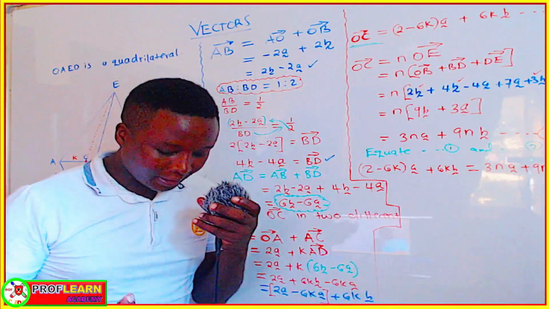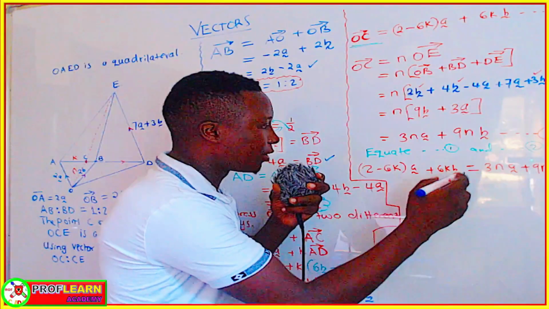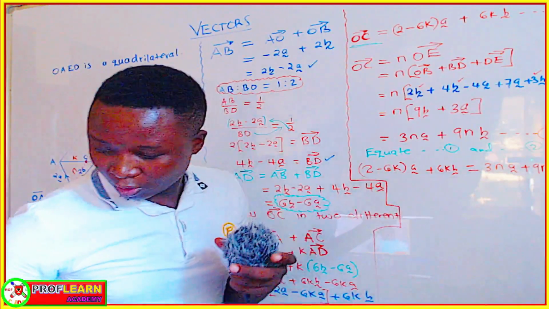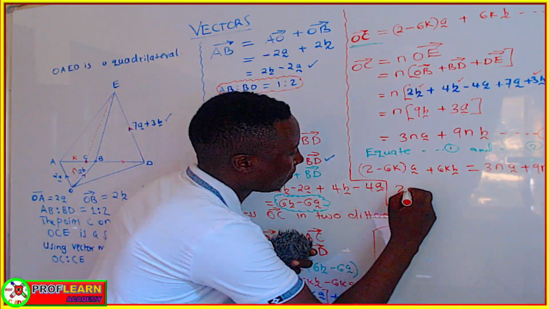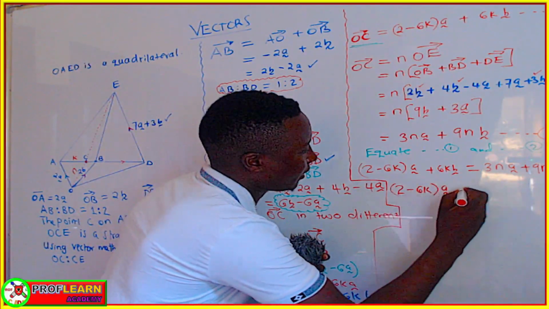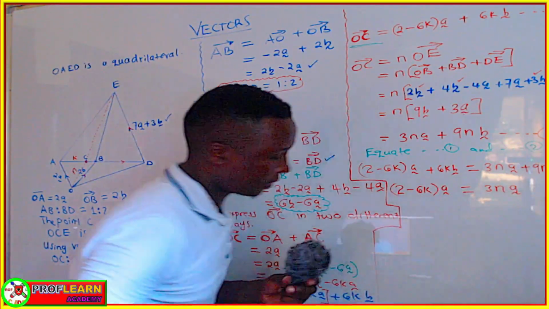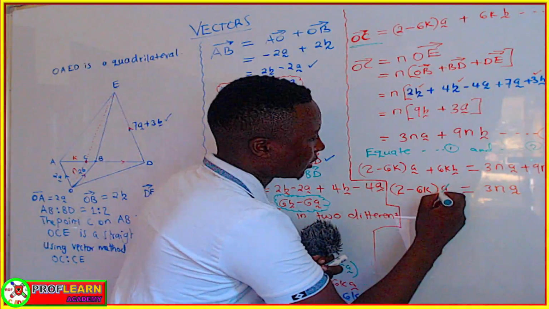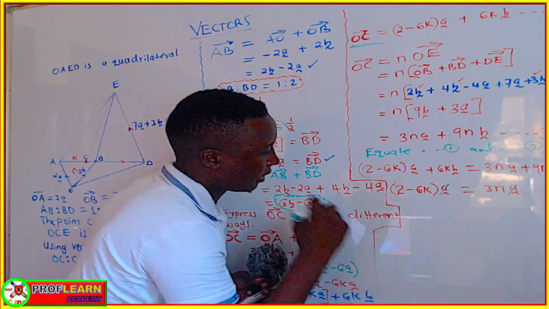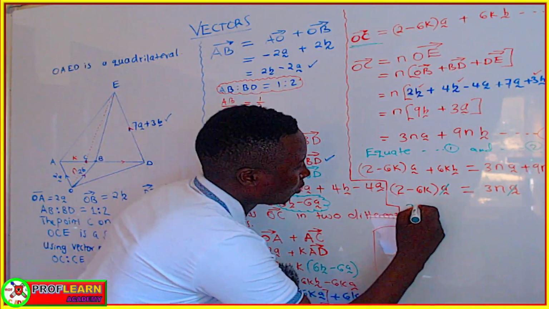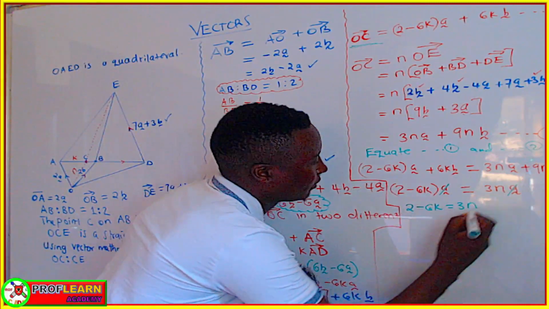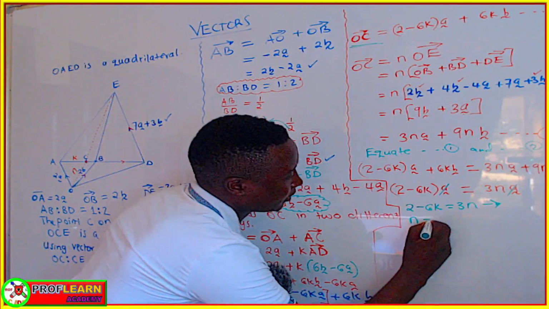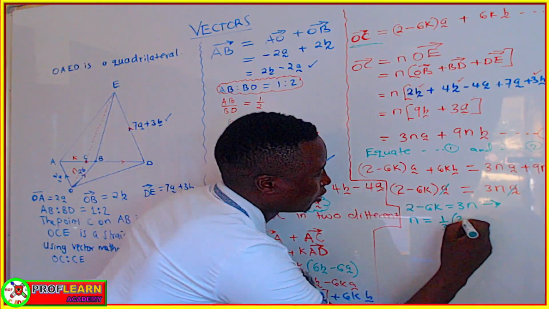So you are going to form two simultaneous equations at this point. The coefficient of vector A gives 2 minus 6k vector A equals 3n vector A. So the vector A will cancel out, and we have 2 minus 6k equals 3n, which can be written as n equals 1 over 3 into bracket 2 minus 6k.